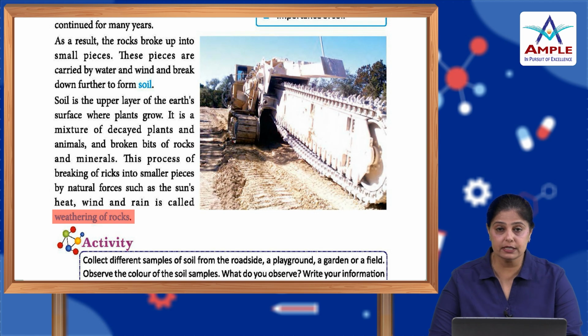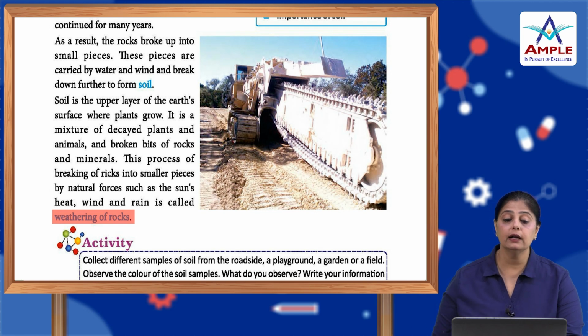You must have always seen that whenever you plant something, you dig the soil, you put the seeds in it, and then you cover it up again with soil. So this is where the plants grow. Soil is nothing but a mixture of decayed plants and animals and broken bits of rocks.